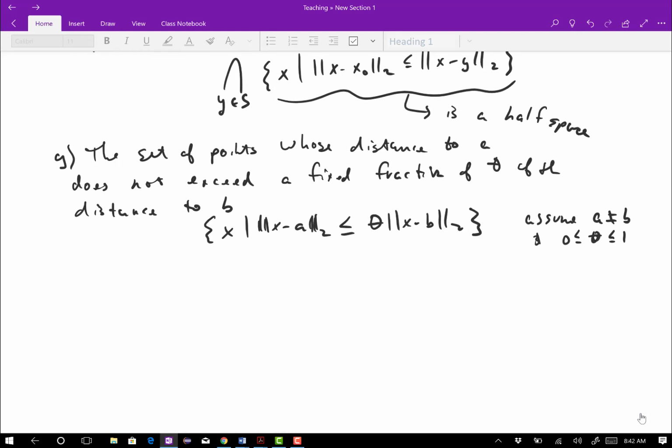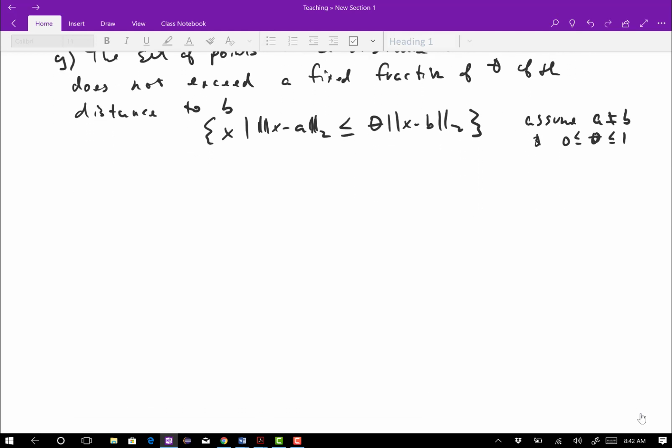Okay, so let's manipulate this set a little bit. We can first square everything, square all our distance metrics, and square theta.